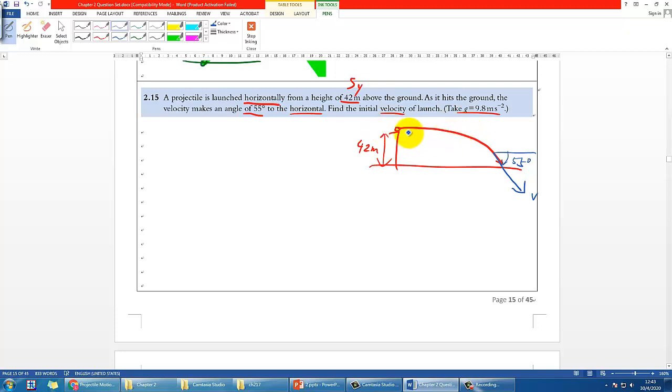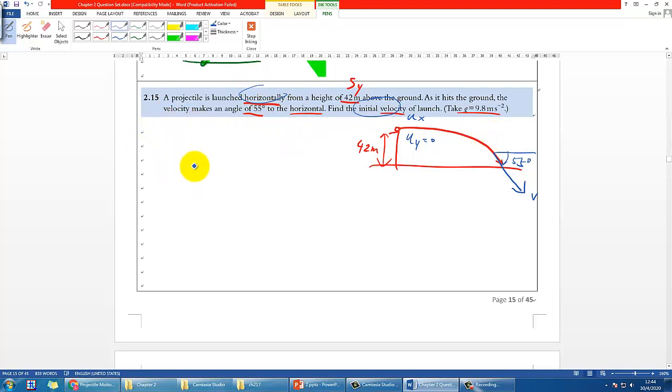Yeah, I think that's all. You also know that UX is unknown. That UX is simply what you want to find, but UY is 0, because again it's shot horizontally.